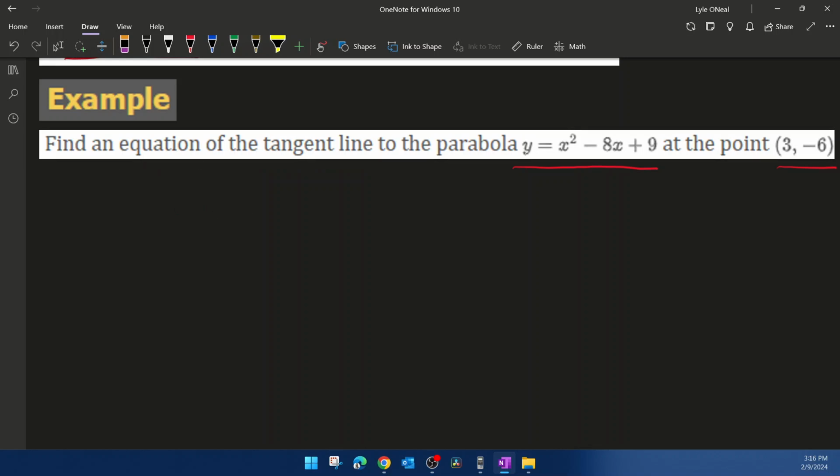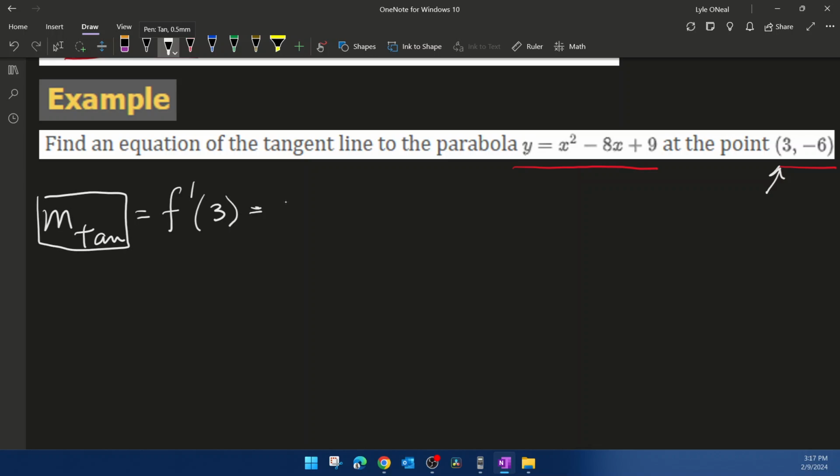But now we know that the slope of the tangent at a particular value is really the derivative at that value. Our value in this case is 3. So we're really going to find f prime of 3. We need to know what that works out to be, and that'll be the slope of the tangent.